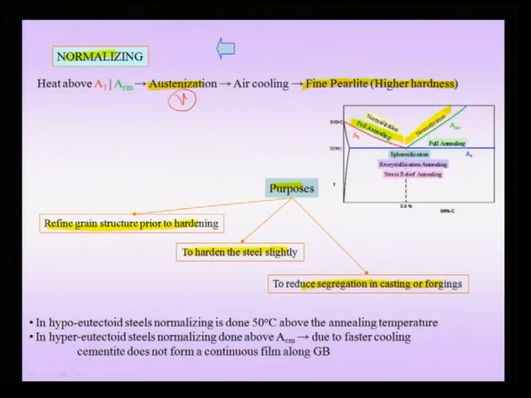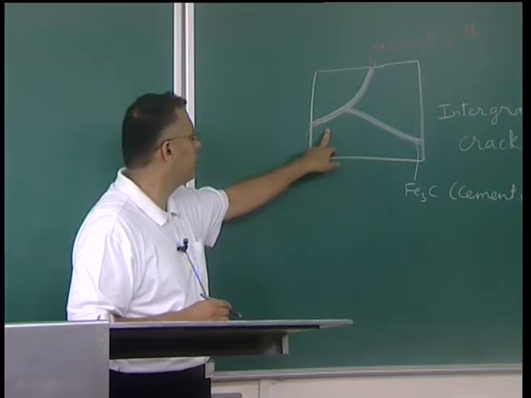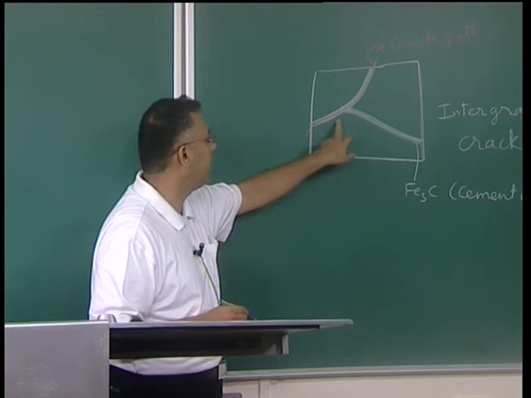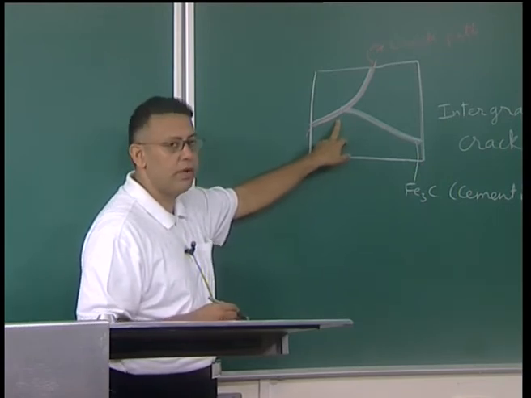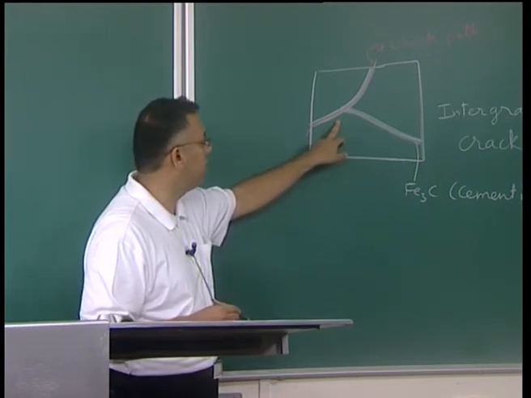In hypoeutectoid steel, normalizing is done 50 degrees above the annealing temperature, while in hypereutectoid steel it is done above the ACM. In this case, again we might wonder why that is. Previously I had pointed out that a continuous network of cementite can form along grain boundaries. So, in this case also we are taking the steel above the ACM temperature and cooling.